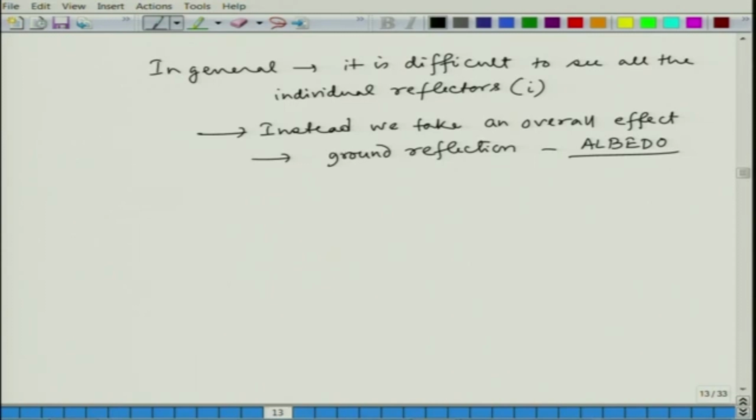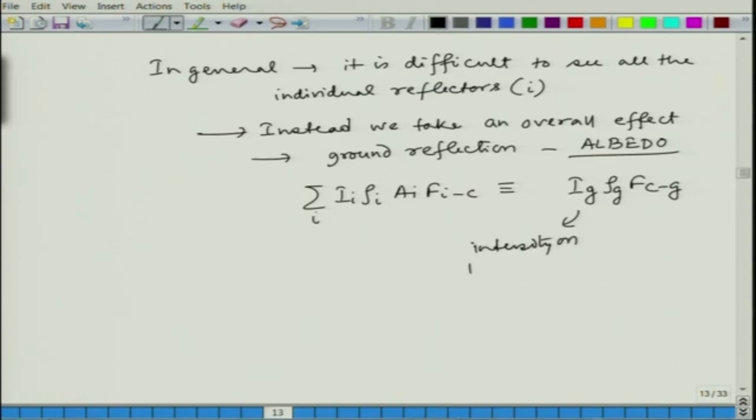Okay. So, the whole term, this whole summation of I, rho I, A I, F I C, we equivalently write in terms of I g, rho g, F C g. What does it mean? This is the intensity on the ground.